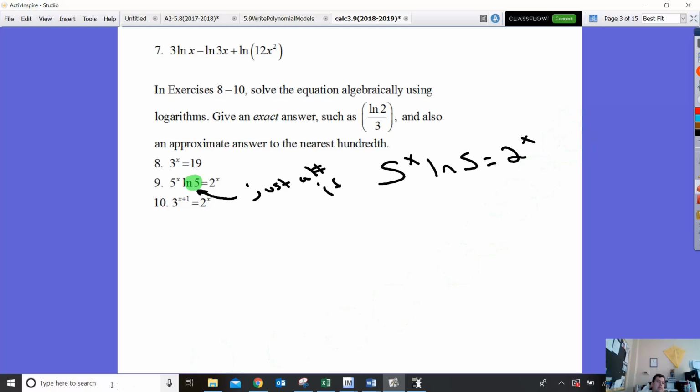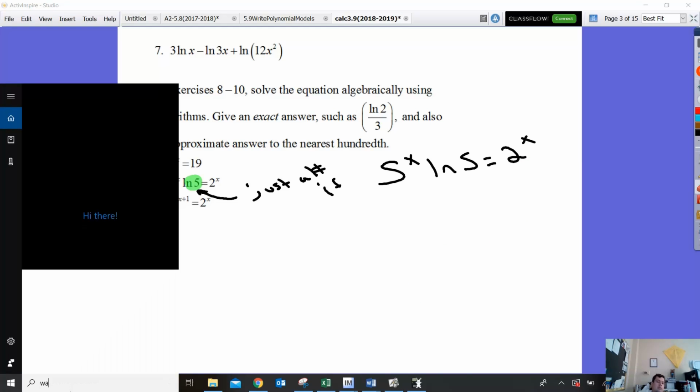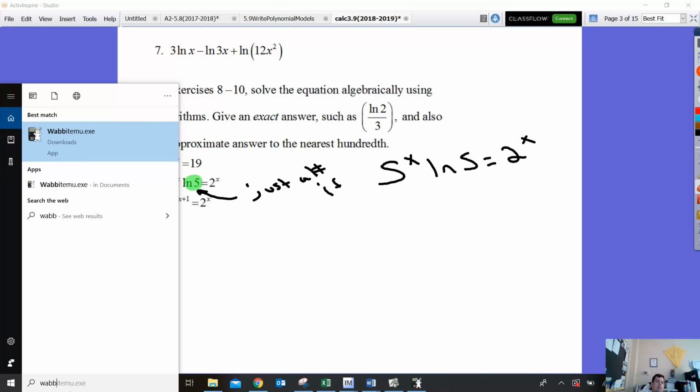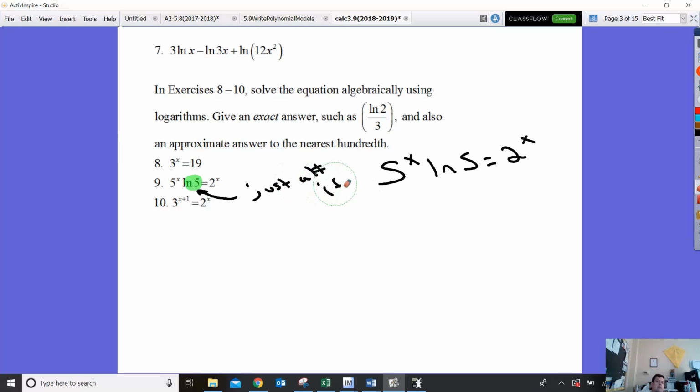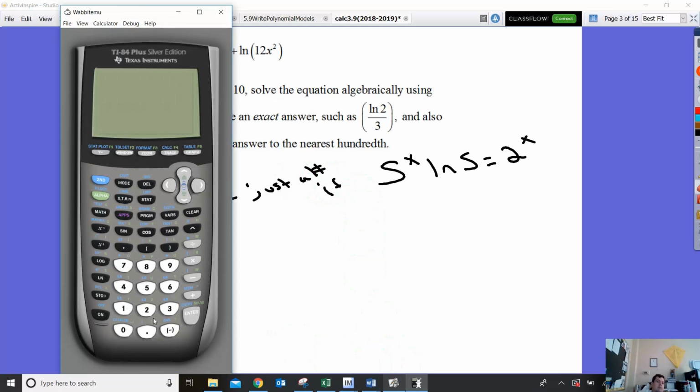Sometimes I like things too. Like the natural log of the natural log of 5. Like my gut says that ought to be something special. It's a crazy decimal.